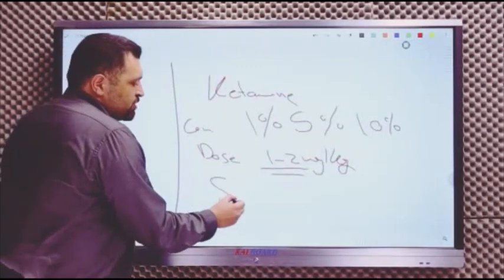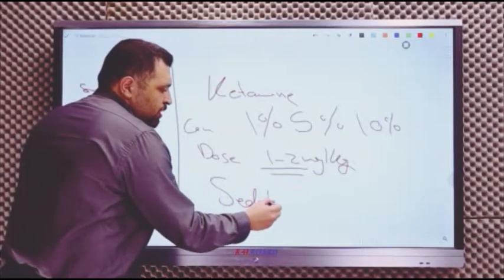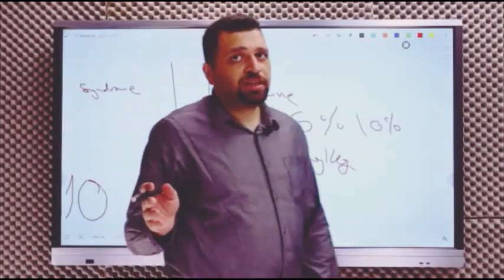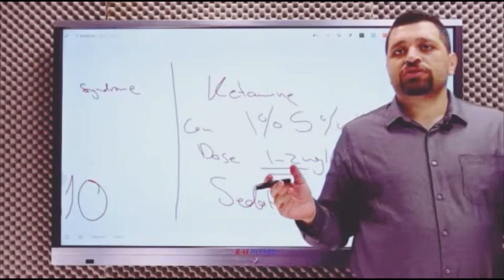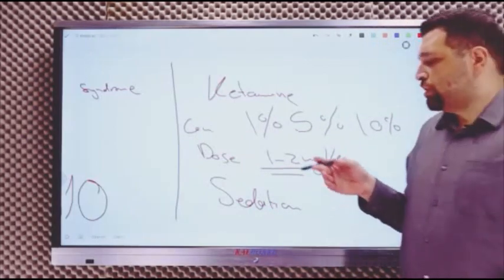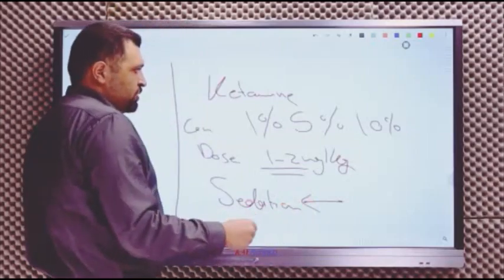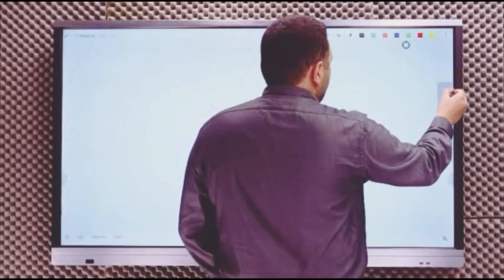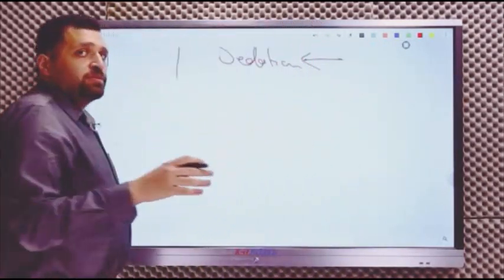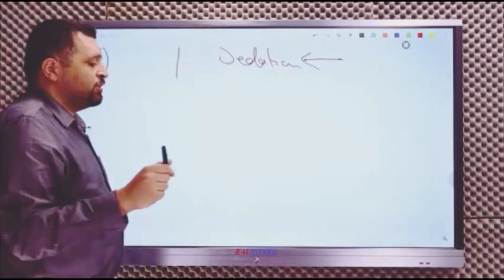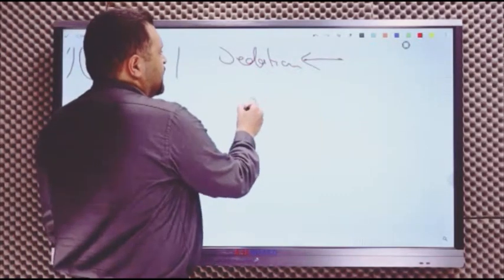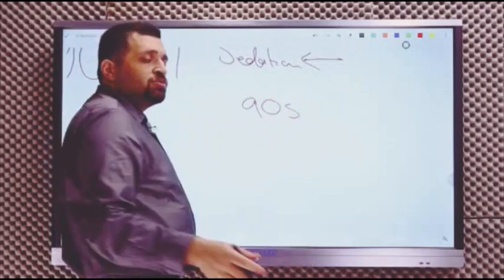Ketamine most likely is used for something called sedation, which we talked about earlier. Sedation is decreasing the level of consciousness without causing a total loss of consciousness. Here we use a lower dose. Now, what's amazing about ketamine, we said first it needs 90 seconds rather than 10 seconds to work.